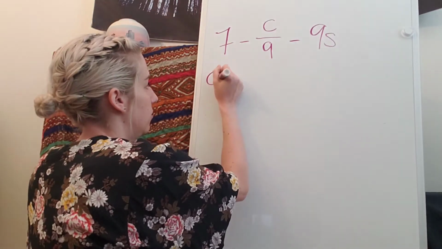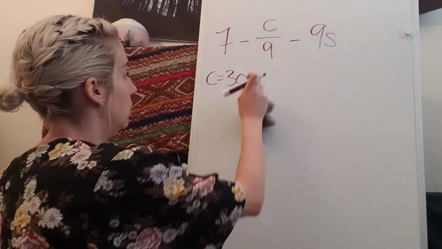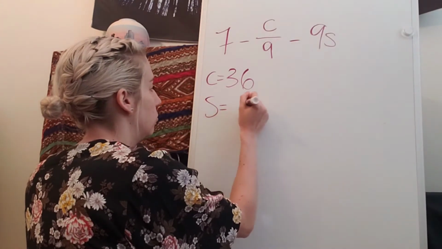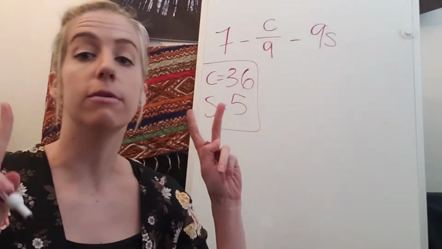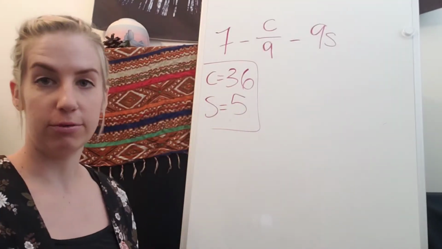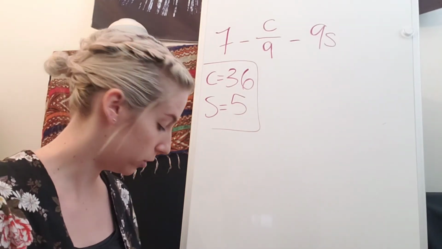And if c is equal to, oh, I'm sorry, if c is equal to 36, that will change it, and s is equal to 5, okay? So solve this, or evaluate the expression for me if c is equal to 36 and s is equal to 5. Go ahead and solve that on your own, and then when you're done, press play.